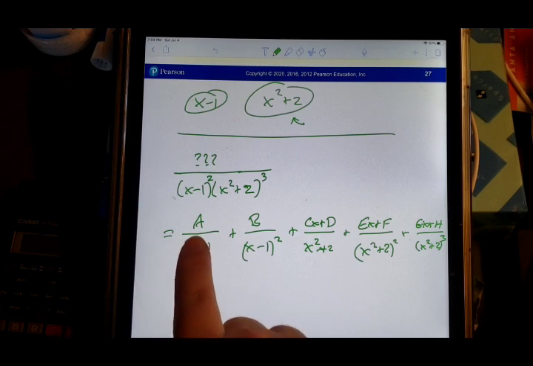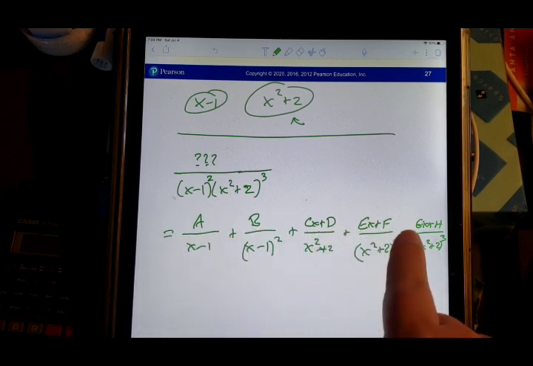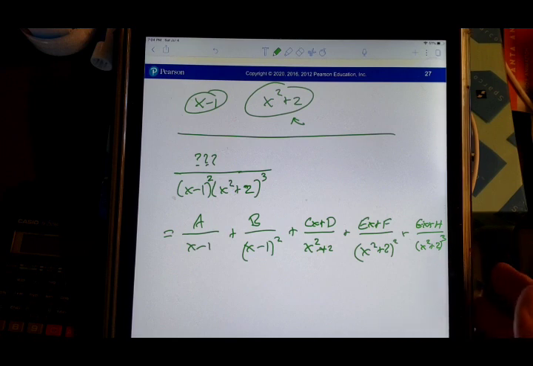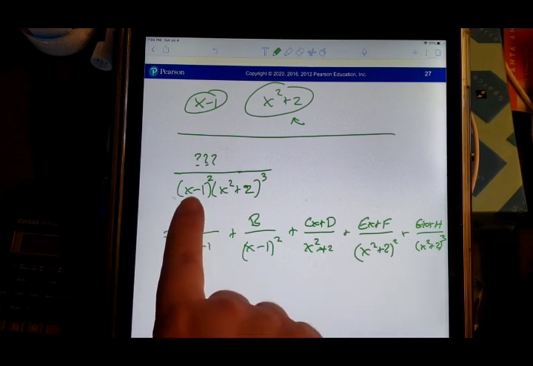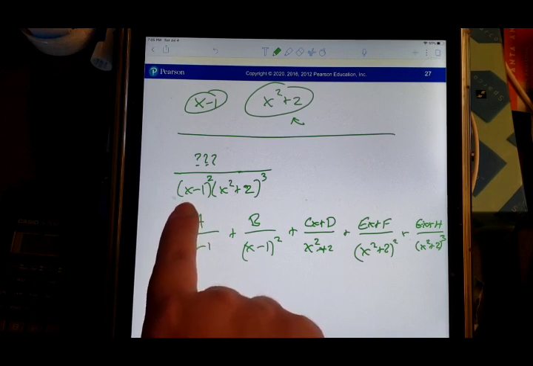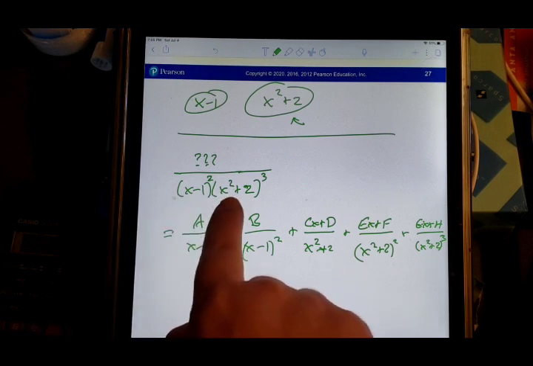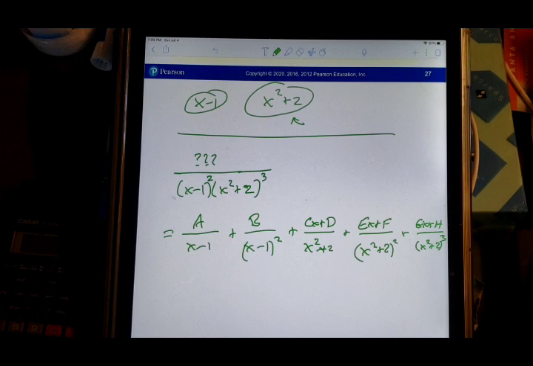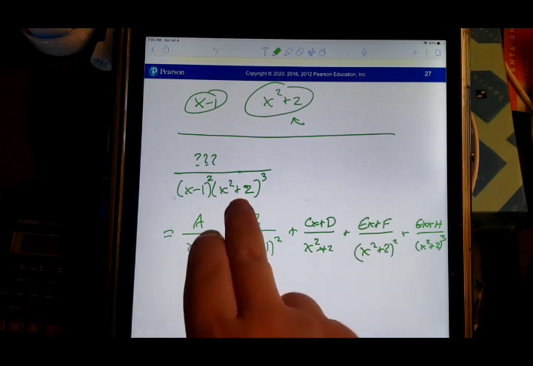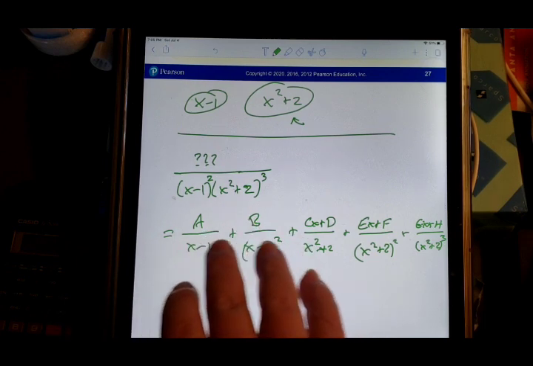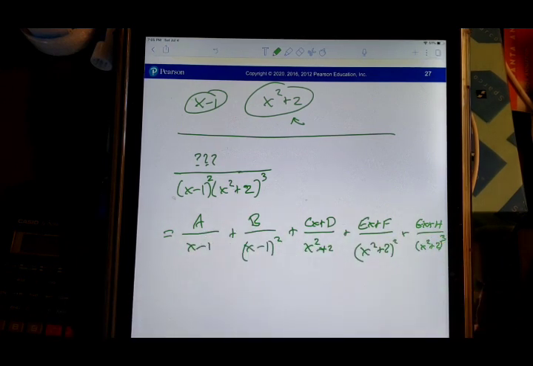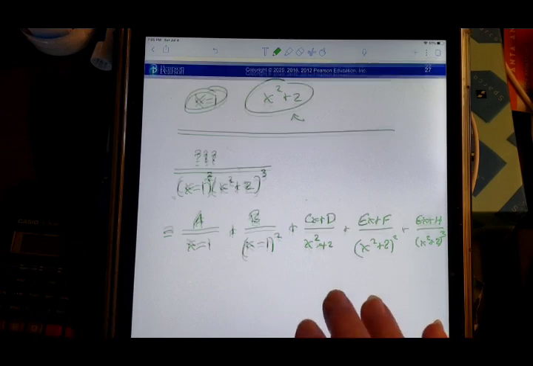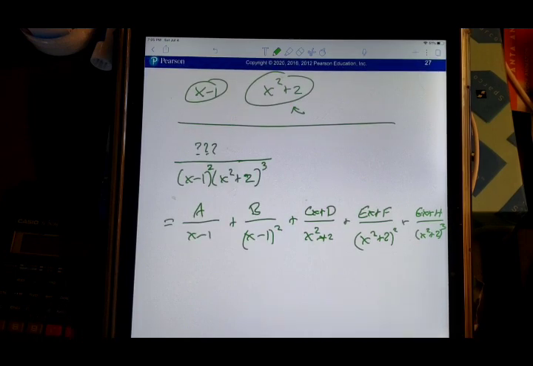I'm looking for 1, 2, 3, 4, 5, 6, 7, 8 letters, and there's only one forbidden value, meaning the only value I could put in for x that would cause a parenthesis to equal 0 is 1. Irreducible quadratics generally don't have zeros you can put in. So you'd be stuck solving a system of equations, a huge system of equations, to do something like this, which is exactly why I'm not having us do it.